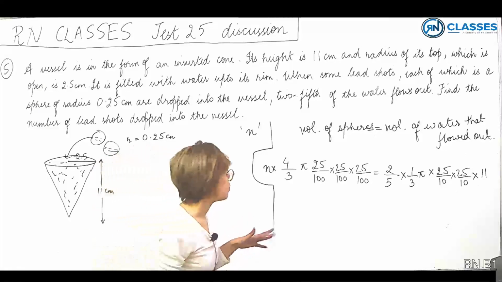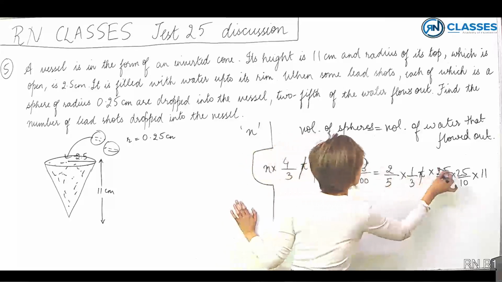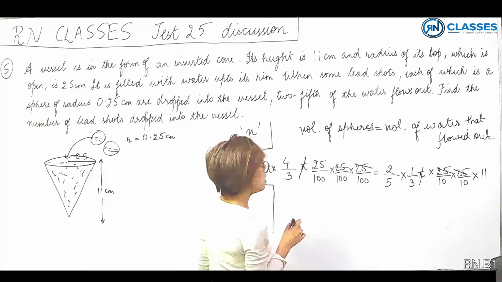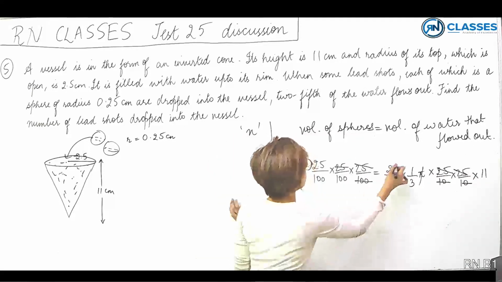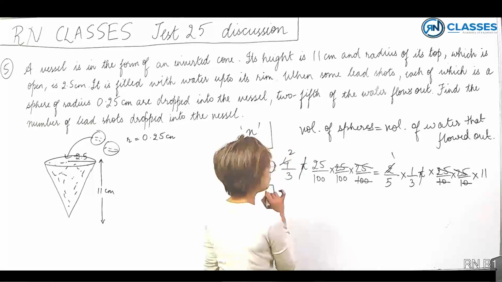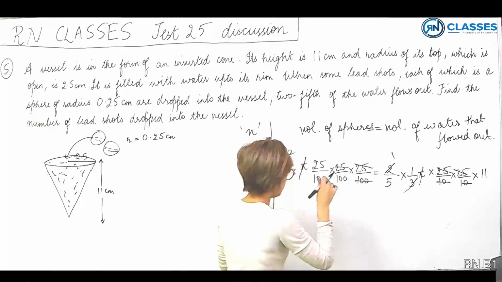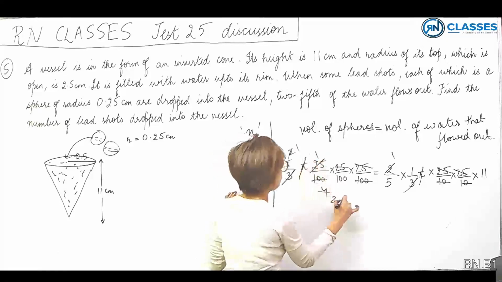Now let's try to cancel out. So pi and pi get cancelled. 25 gets cancelled, 25 done. Okay, perfect. 100 gets cancelled. So this is 1, 2. Okay, so let's see what else. Oh, 3 and 3 get cancelled. Perfect. This is 1 by 4. This is 1 by 2.